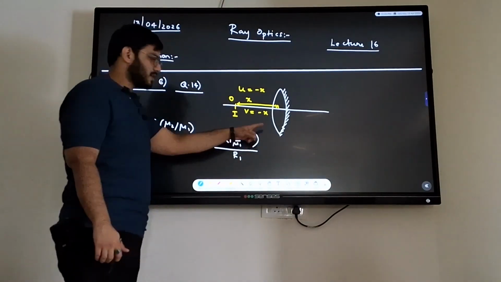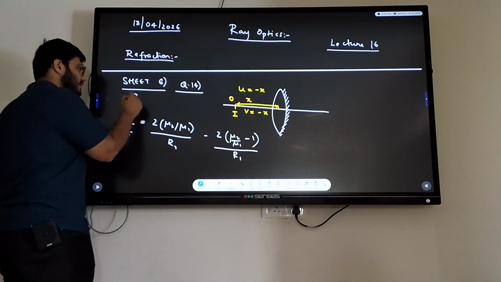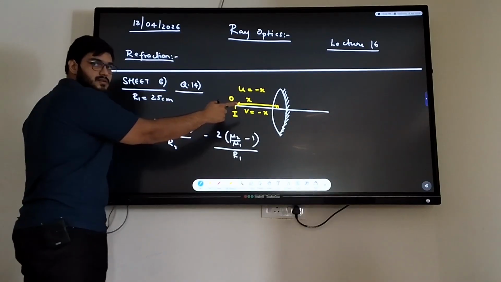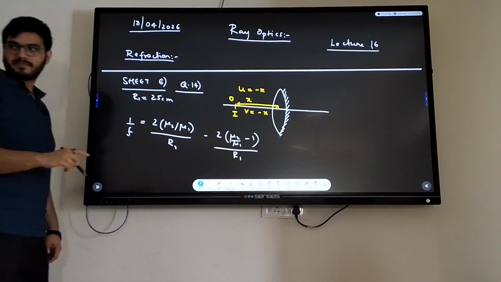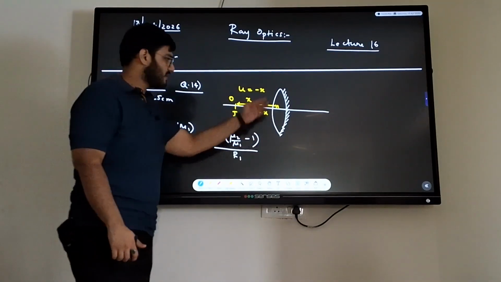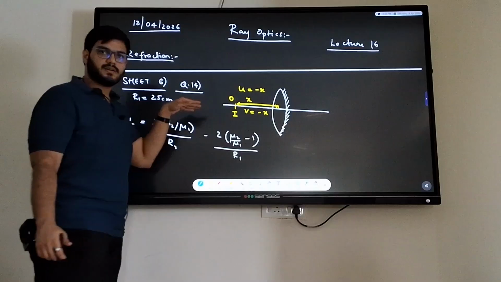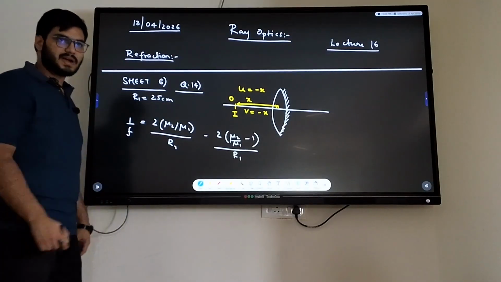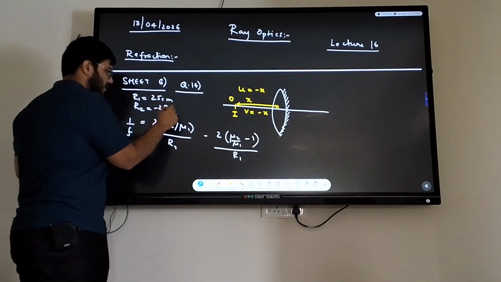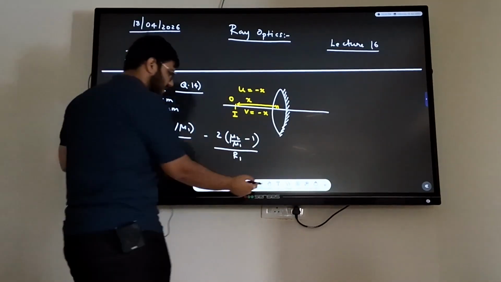R1 equals plus 25 and R2 will be plus again. This is surface 1, its radius here will open. It should be minus 25. Do you understand? Then just apply the thing and you will get the answer.